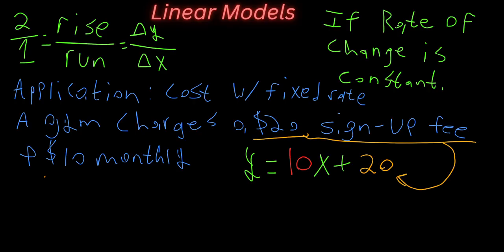Then we're given our slope, $10 monthly. We're going to increase by $10 every month that we attend the gym. So you see that your sign-up fee represents your y-intercept, and your monthly charge represents your slope.